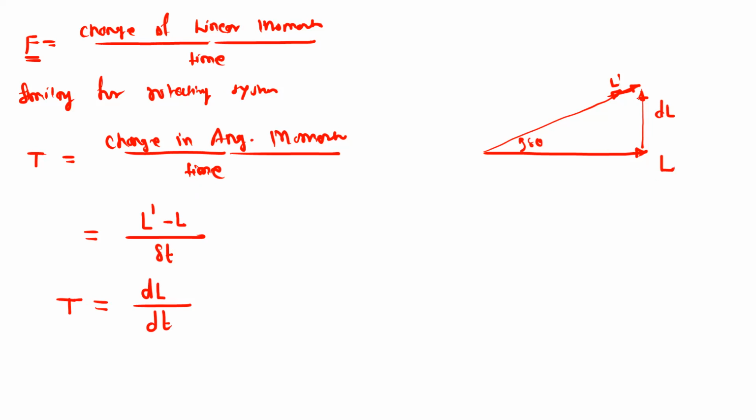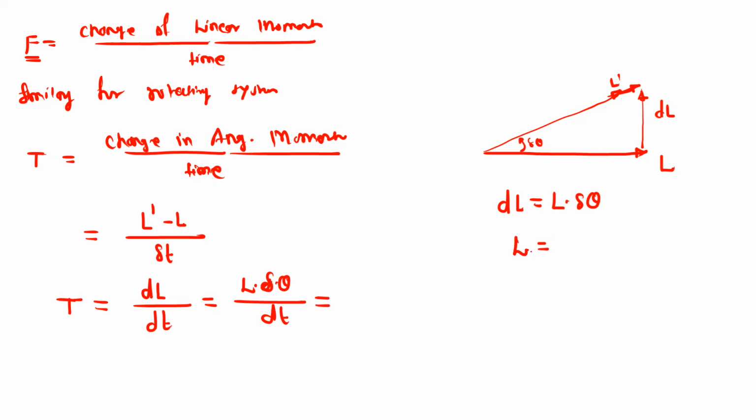So we can write from this triangle, this dL is equal to L into delta theta. So we can replace this value and we can write this L into delta theta upon dt.